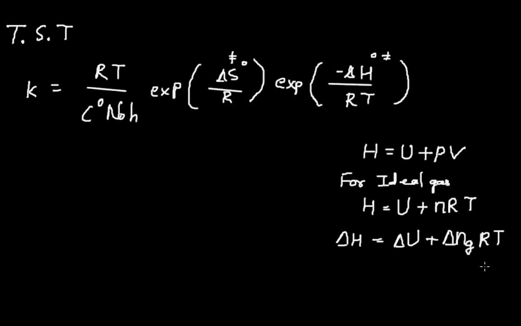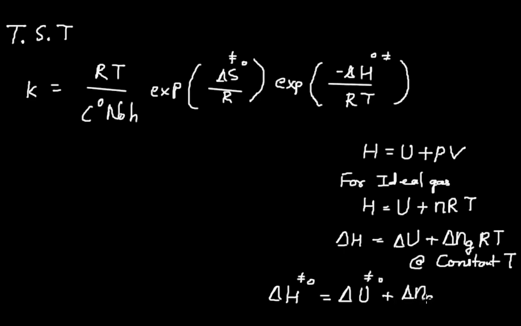Okay, so this we are doing at constant temperature. So delta H is equal to delta U plus delta Ng RT. Okay, so this is your expression here.